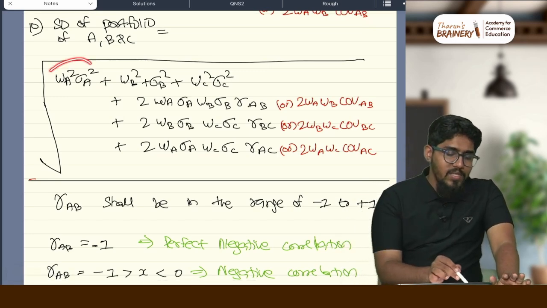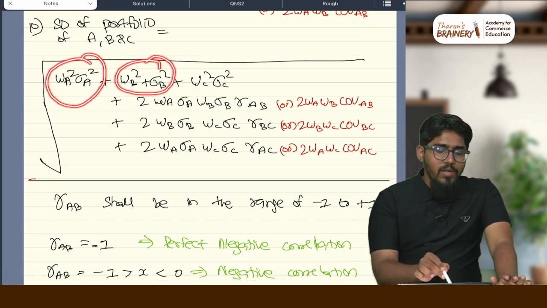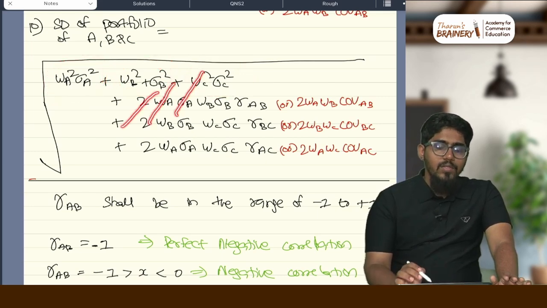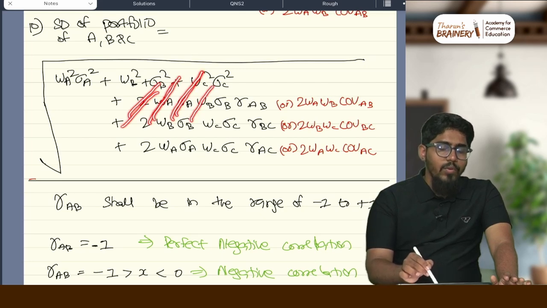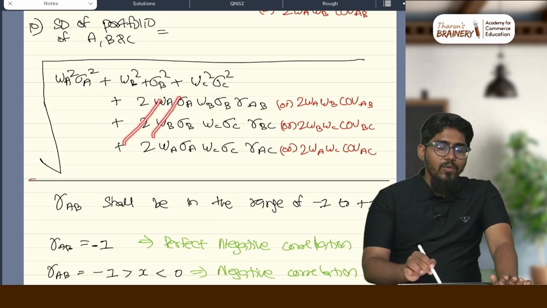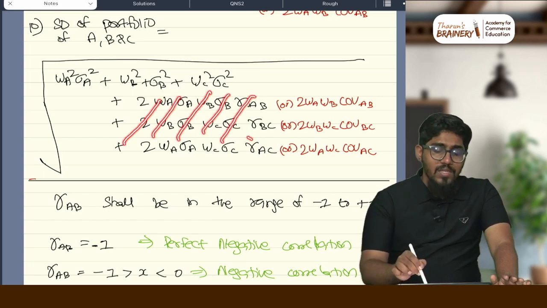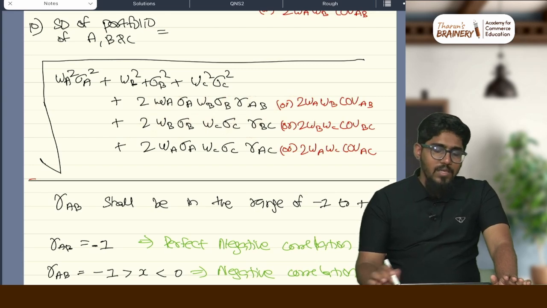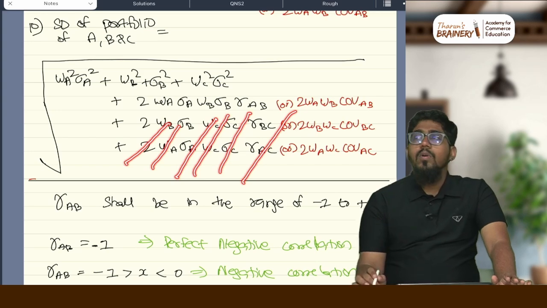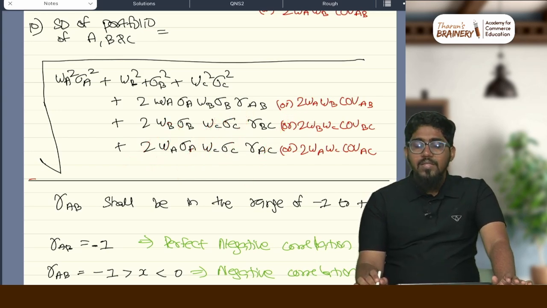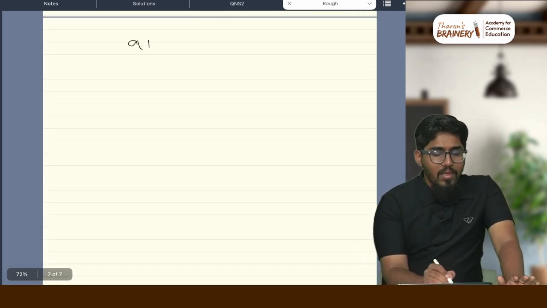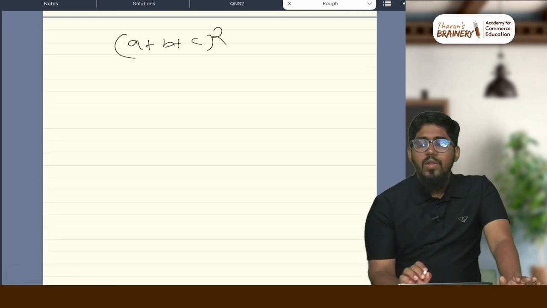So, weight A square sigma A square plus weight B square sigma B square plus weight C square sigma C square plus 2 into weight A into standard deviation of A into weight B into standard deviation of B into correlation coefficient of AB, 2 into weight of B into standard deviation of B into weight of C into standard deviation of C into correlation coefficient between B and C, 2 into weight of A into standard deviation of A into weight of C into standard deviation of C into correlation coefficient between A and C. See, do not worry, this is nothing but the A plus B plus C whole square formula.